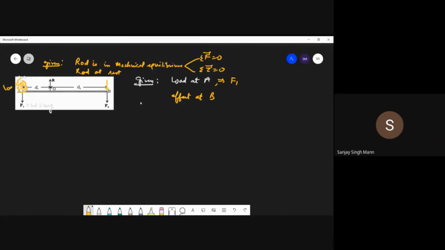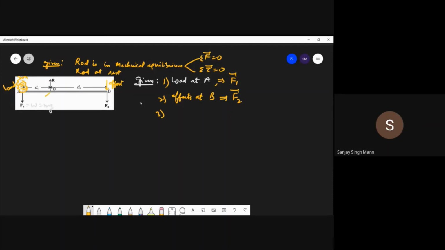This load we have placed whose mass is M. Okay. And here we are putting the efforts to pick this load up. So effort at B, force F2 is there. Now the third thing that is given to us is the reaction force.